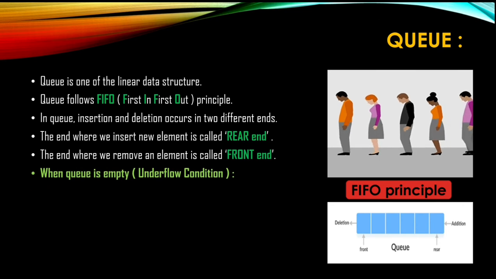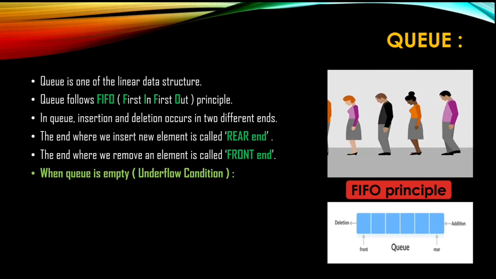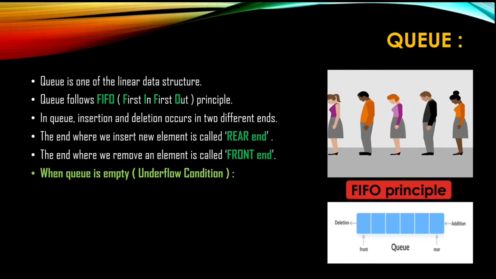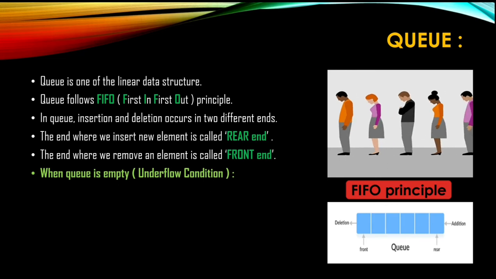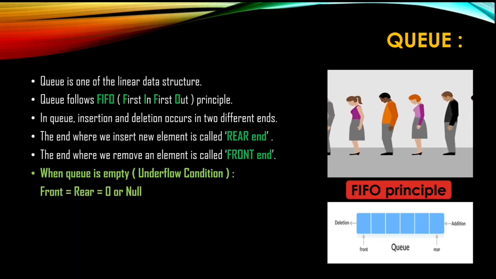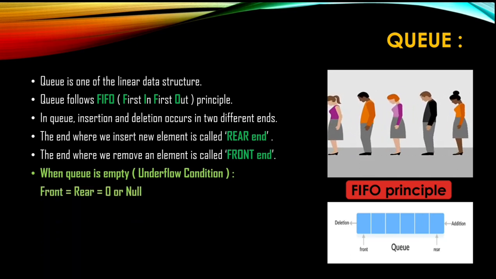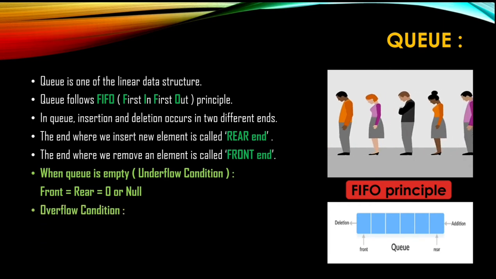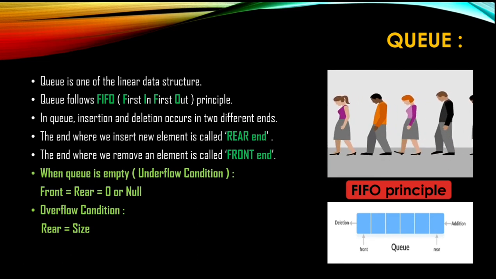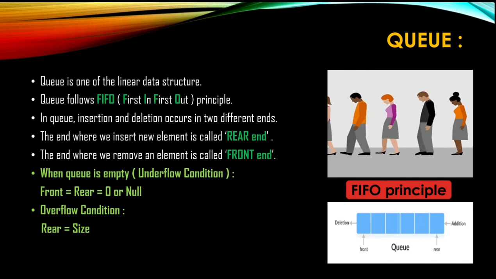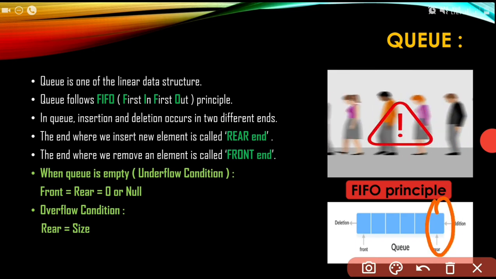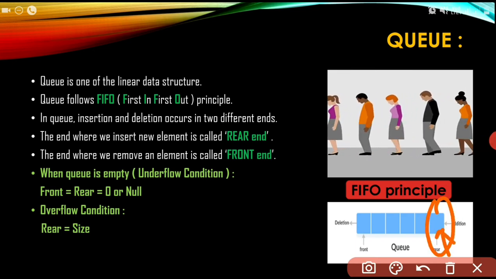Now, when we are doing all these things, we have to keep in mind that if the queue is empty, then it is the underflow condition. How? When front and rear contain 0, or we can say null, then it is the underflow condition. And when we consider the other condition, overflow, we have to keep in mind that rear equals size, means rear comes to this position, then it is the overflow condition.